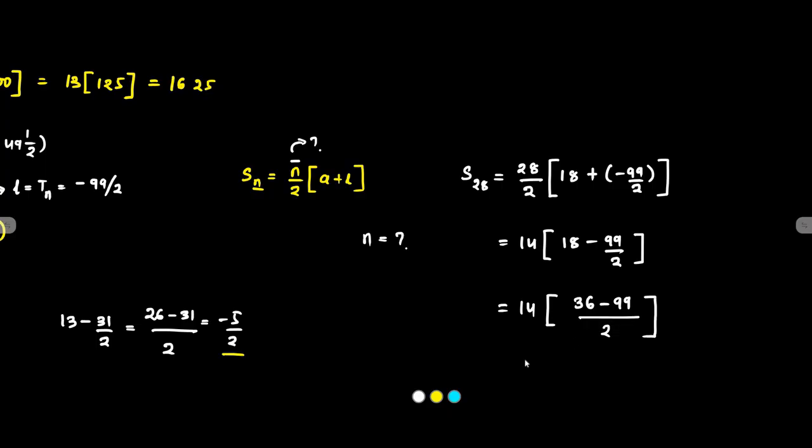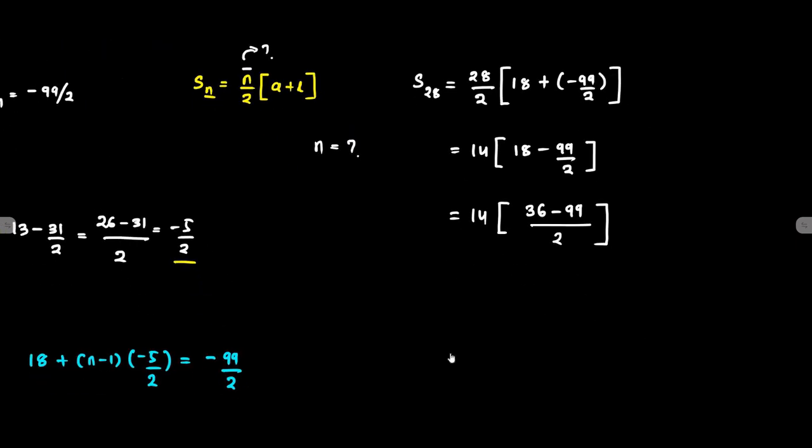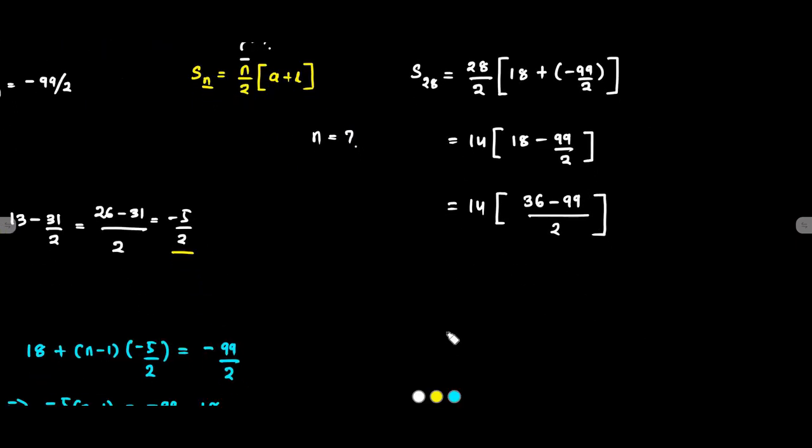So we have this is equal to 14 into minus 63 by 2. So 2 into 14, this is 7.